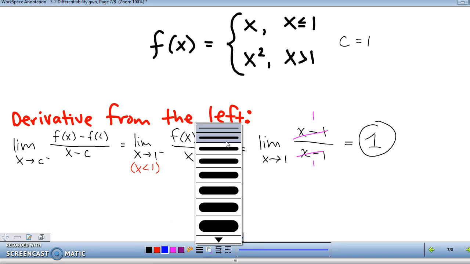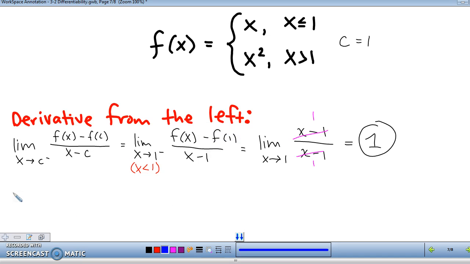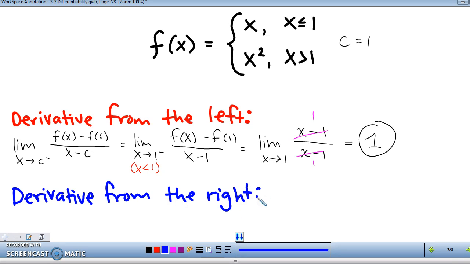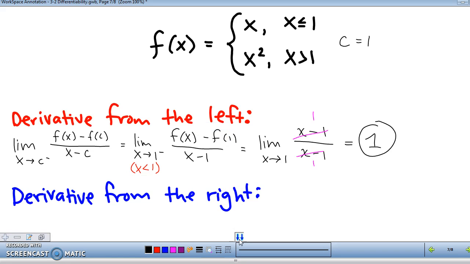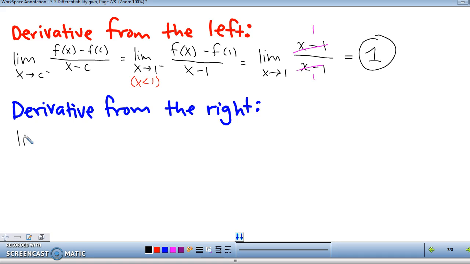Okay, so let's check it with the derivative from the right. Again, we have the limit as x approaches c from the positive side this time of f of x minus f of c over x minus c.